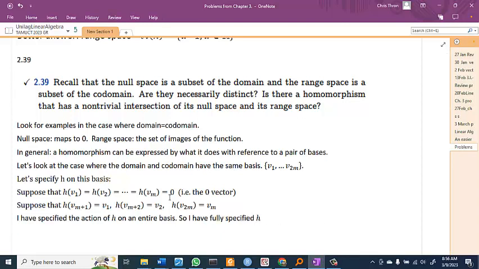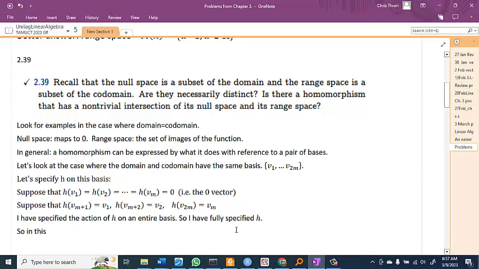Now I've chosen the non-zero images so that they are exactly the vectors that map to 0. So it's really quite general, and you can construct many examples where the null space is equal to the range space, or the null space intersects the range space.